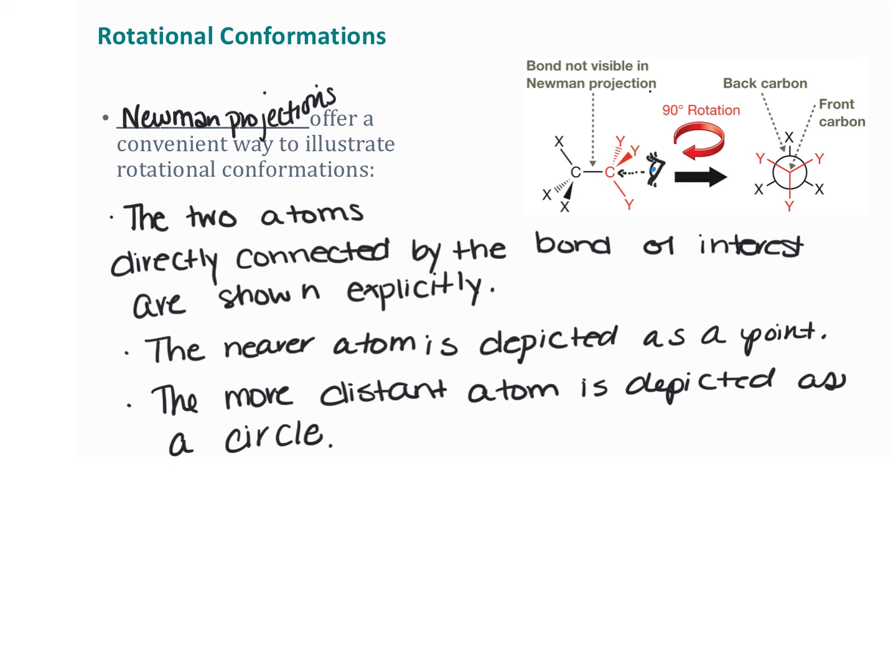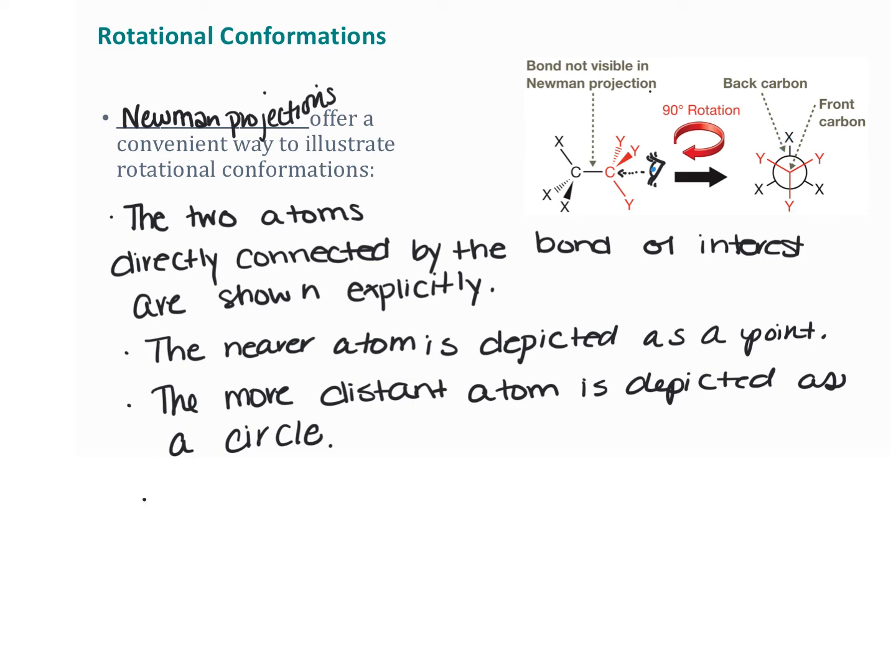That means the nearer atom to us is the one that's shown in red. That's that point, that's the front carbon. And the more distant atom is that larger circle. Now, bonds to the front are going to converge to this point. So these two Y's here are shown up like this, and this Y is down. And then these two X's here are shown down, and that X is up.